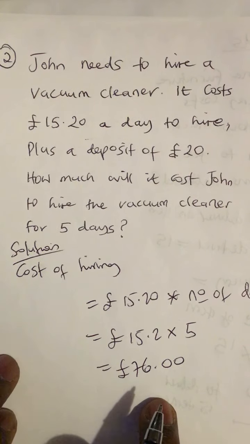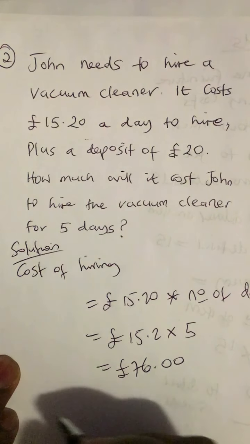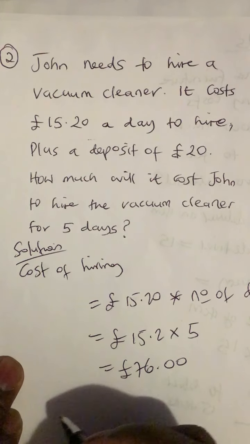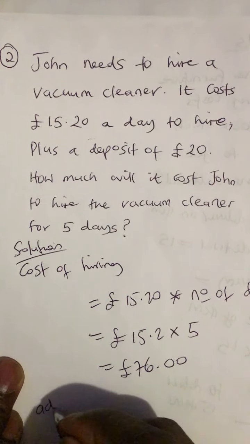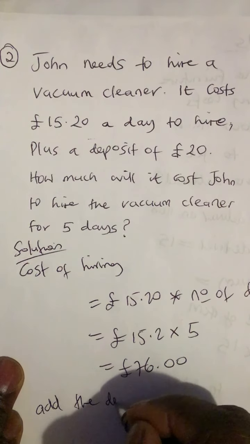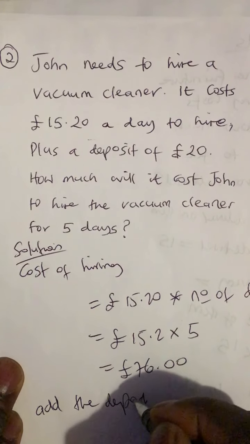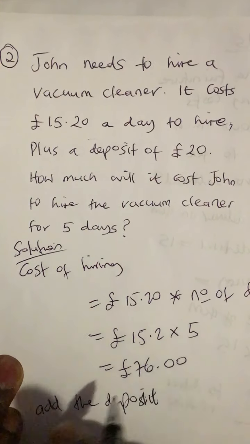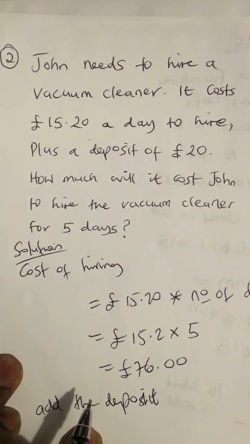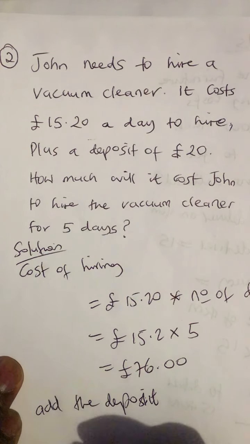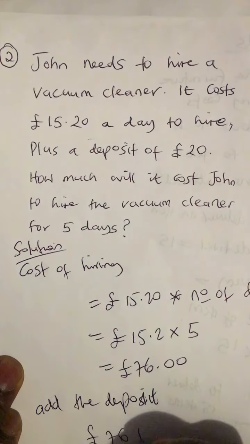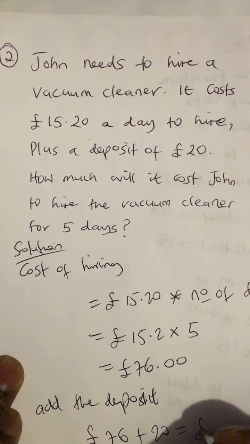But the money he will pay, which is the question, we will now add, step 2, the deposit. So the total cost will now be 76 pounds plus 20, which is equal to 96 pounds.